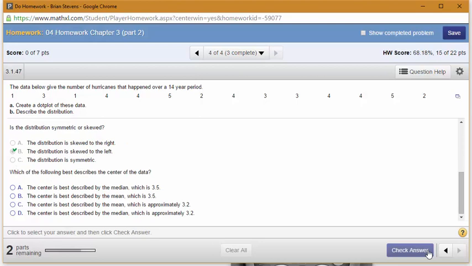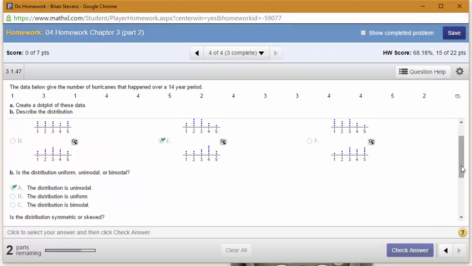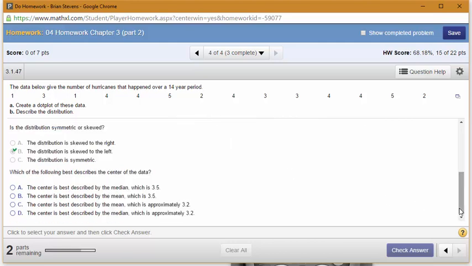Let's continue on. Which of the following best describes the center of the data? And since it's skewed, this is very important. This is so key. Since the data is skewed, it is the median, and the median appears to be in here somewhere. So let's see what our options are with median. It is going to be the median, and think about this. If you're averaging 2 numbers, you'd probably have to average something like 3 and 4.